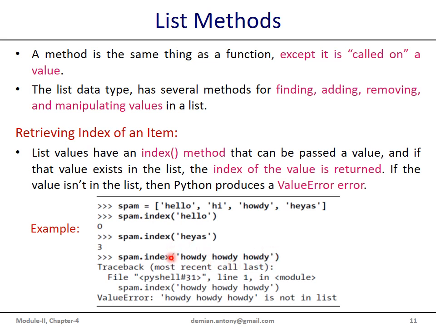This lengthy string is not present as an item in the list, and if you try to apply this index method on the list by supplying this item value, it will result in this value error, because a string of this length is not present in the list as an item.